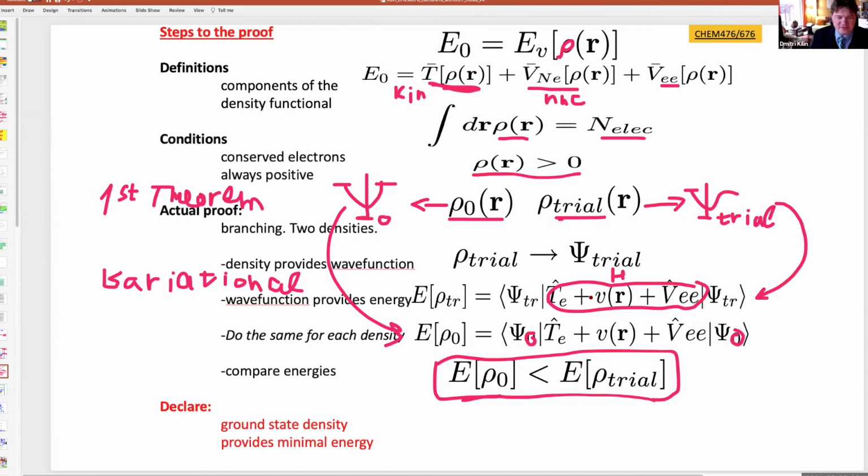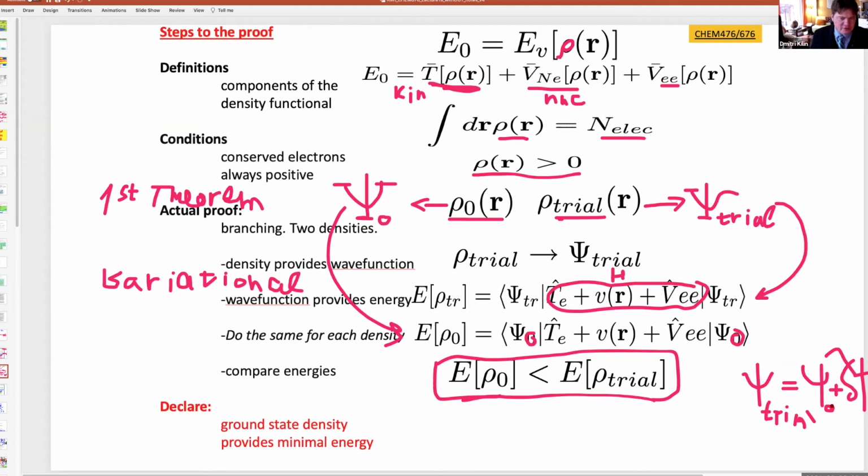That if we have a trial wave function which is the ground state wave function plus some perturbation, then the energy corresponding to the perturbed trial wave function will be bigger than the energy corresponding to the ground state wave function.